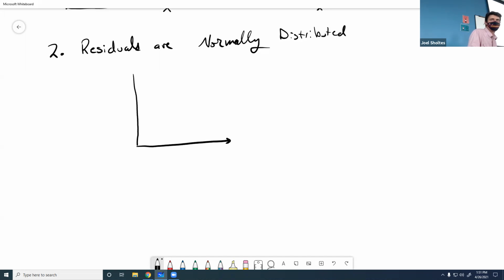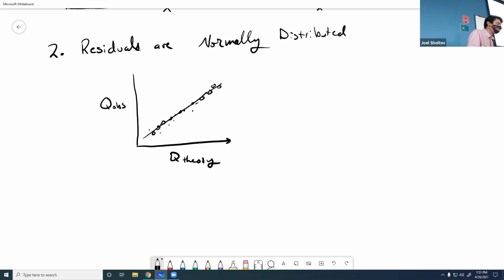QQ plots. So we have our Q theoretical and our Q observed, and they should follow some kind of line. This isn't linear regression, and I shouldn't have drawn it as a scatter because these are all ordered. They're not going to overlap.